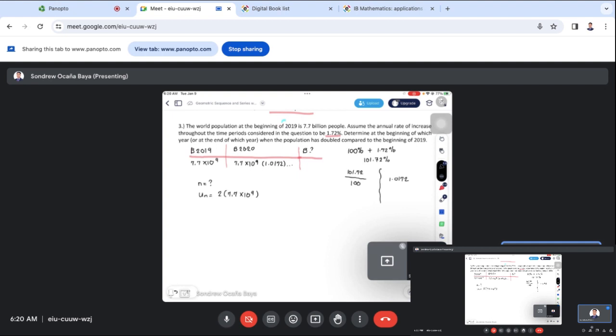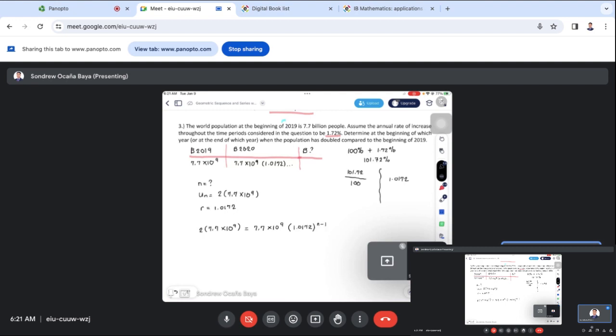All right? And then the rate here is 1.0172. Okay? So here we could already compute this one using the formula. So you have 2 times 7.7 times 10 power of 9 equal to 7.7 times 10 power of 9 times the rate 1.0172 raised to n minus 1.